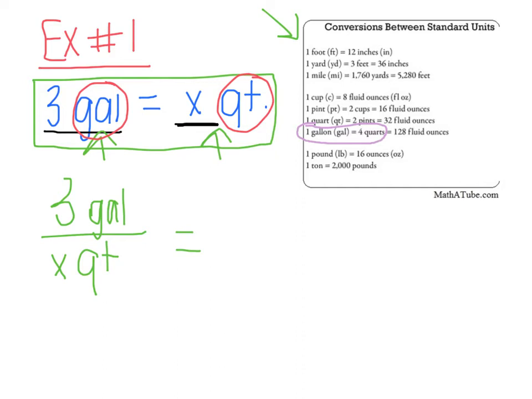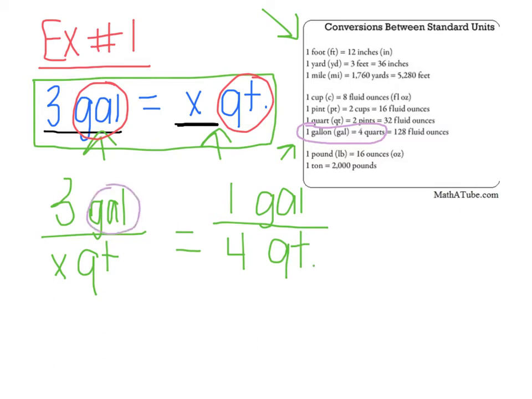So that becomes the second part of the proportion. We have 1 gallon over 4 quarts. I just write exactly what it says in the chart. Now I matched up my gallons. I put both of the gallons on top and both quarts on bottom. That's important. You have to match them up.